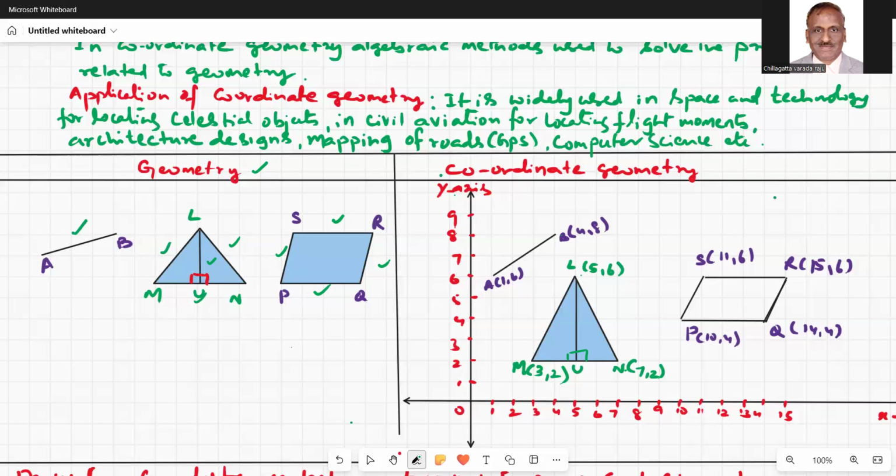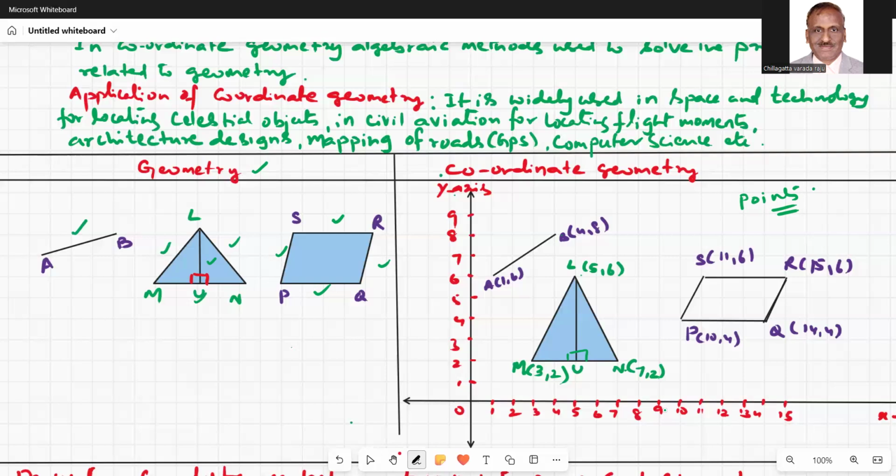Very few I have taken. Like that, any geometrical problem can be solved by making use of coordinate geometry. Here we will use only the points to find either lengths or area or even volumes also. Volumes come under 3D geometry that you will be learning in class 11th and 12th.